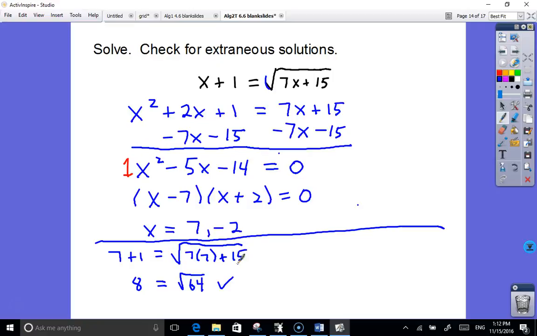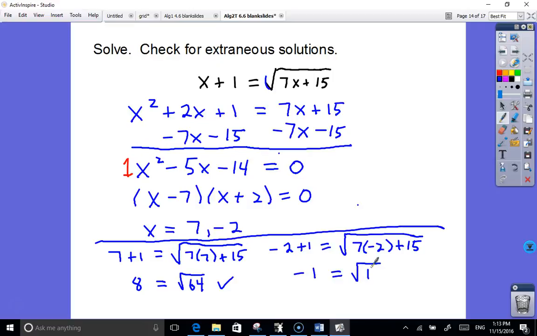Actually, negative 2. Negative 2 plus 1 equals the square root of 7 times negative 2 plus 15. So that's negative 1 equals the square root of 1. Okay, and here's where that's important.